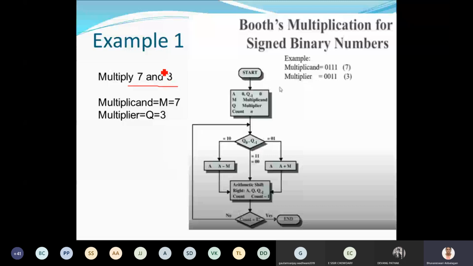Make sure what the multiplicand is: 7 is the multiplicand here and 3 is the multiplier here. I'm going to store the multiplicand in M, and the value of the multiplier in the Q register.